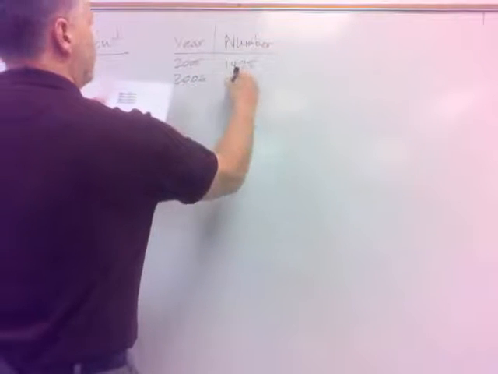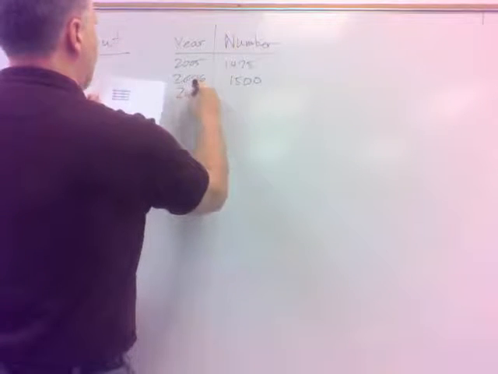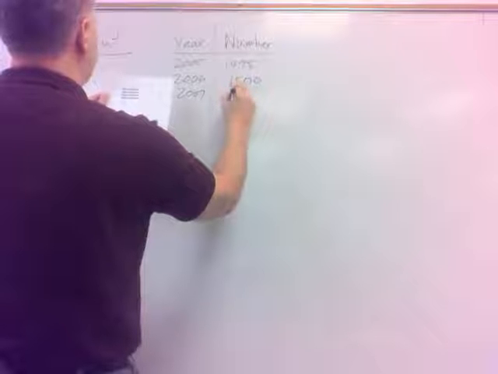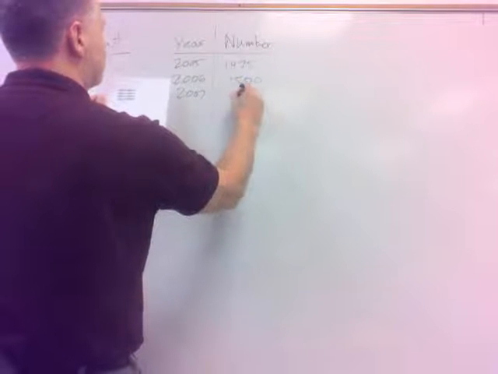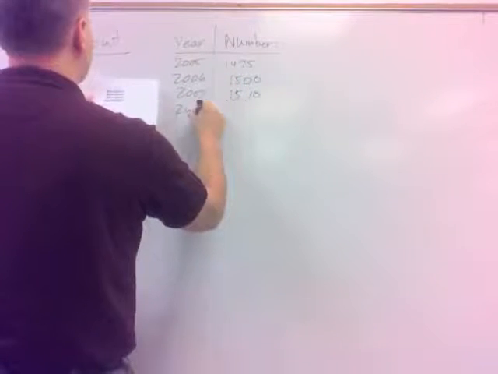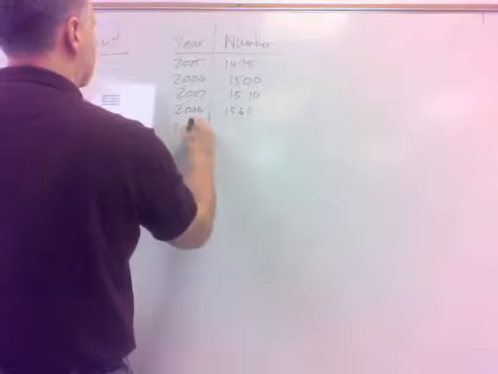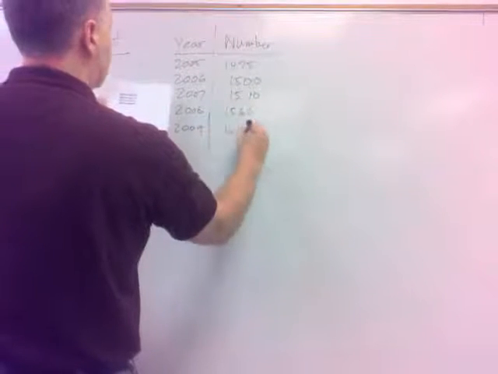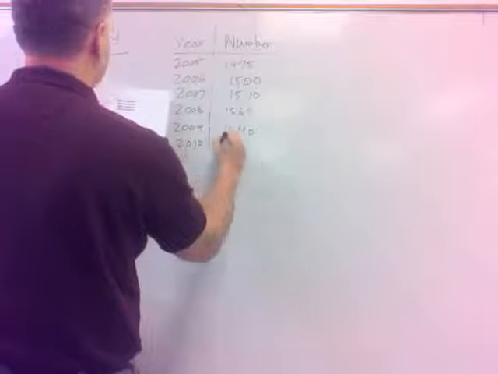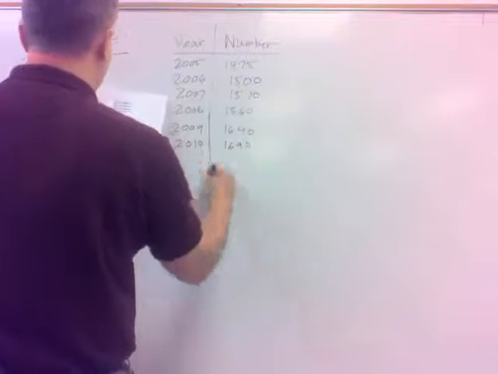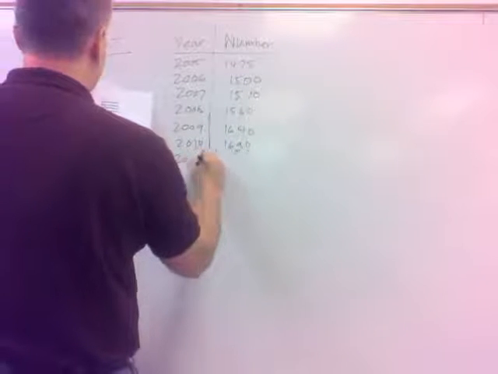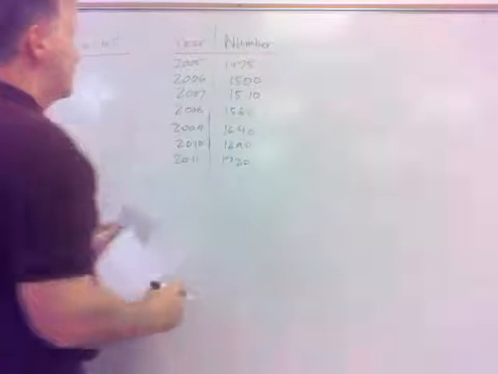Everybody get one? All right, so we've got years 2005 through 2007. Bunch of points, okay? This should remind you of scatter plots. So that's going to be where we start.